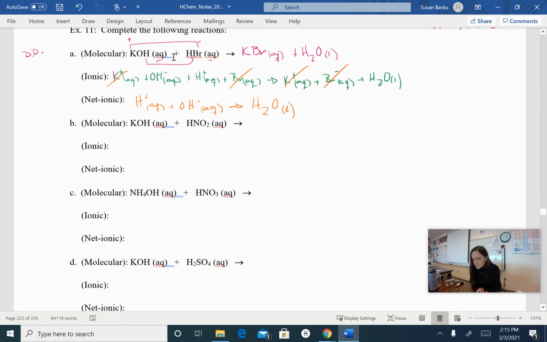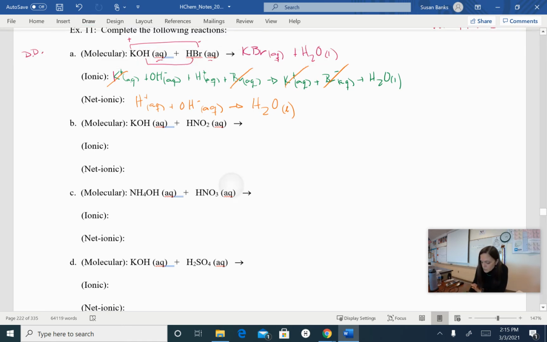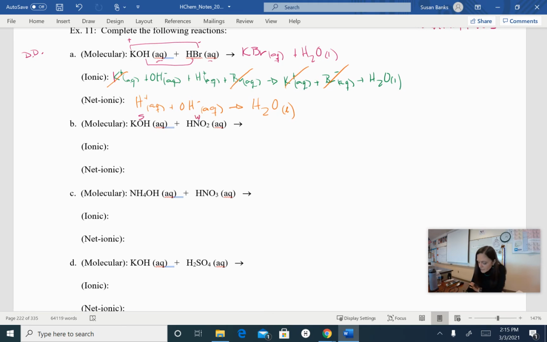I've got potassium hydroxide, which is a strong, let's change my color again. This is a strong, that's a strong base, but this is a weak, nitrous acid is a weak acid, so it's actually going to stick together. Okay? Now let's complete the prediction, double replacement.